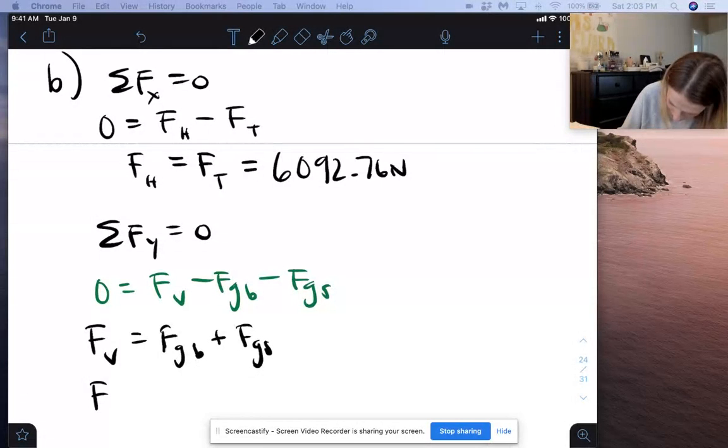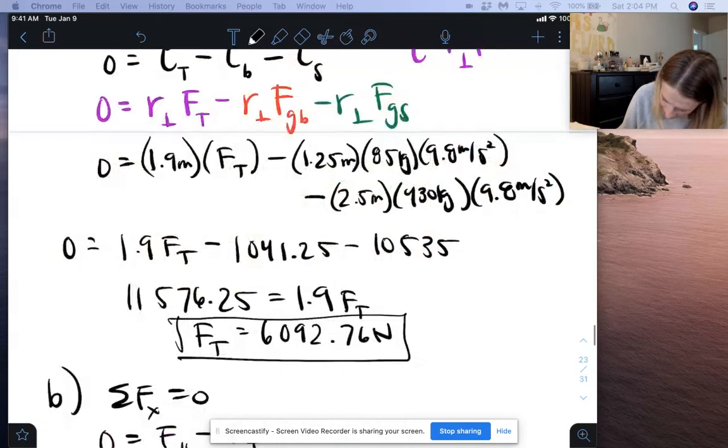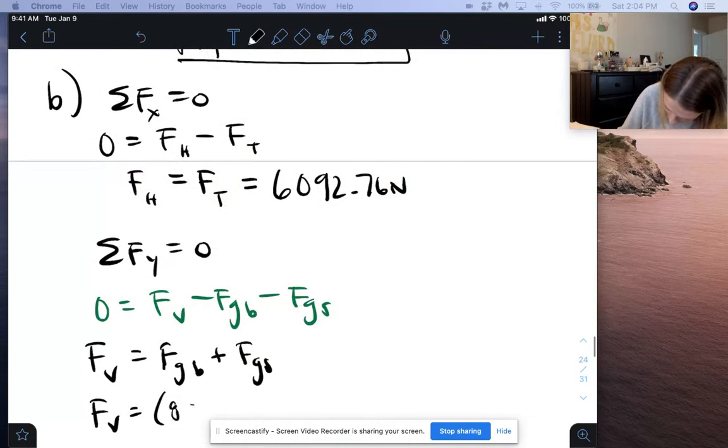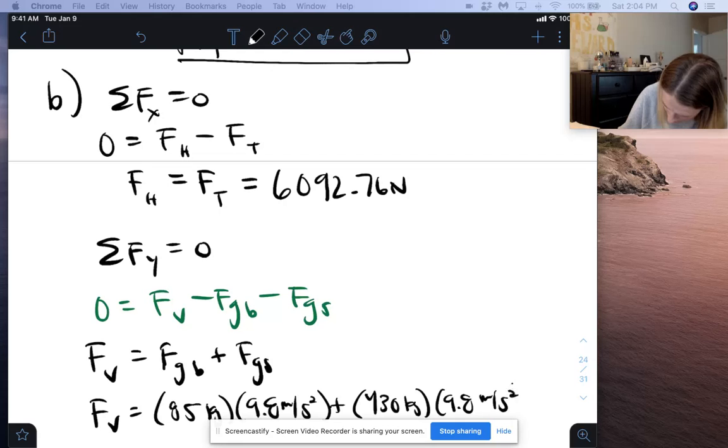Plugging in our numbers, we get the mass of the beam was 85 kilograms times 9.8 meters per second squared, plus the mass of the safe was 430 kilograms times 9.8 meters per second squared.